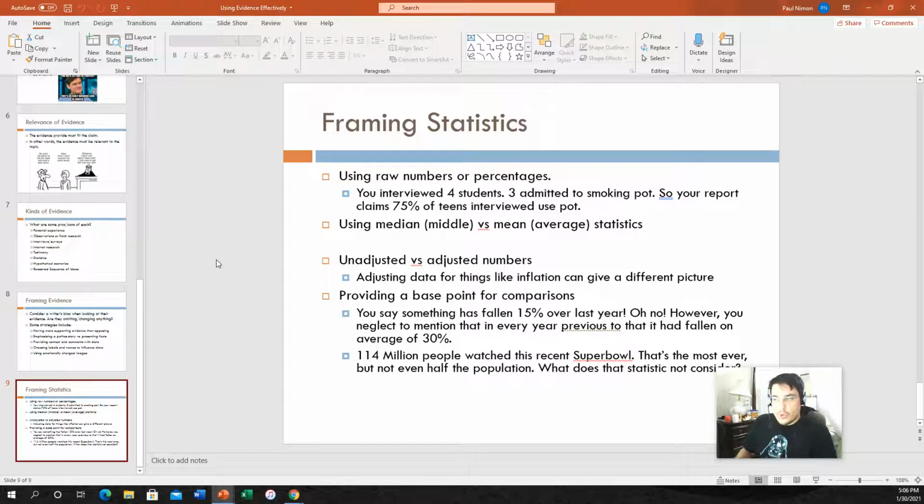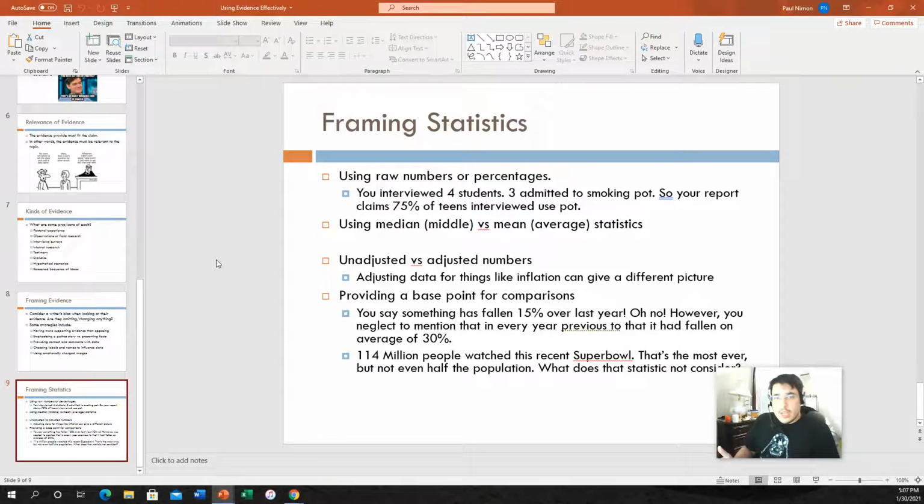So you always have to be careful when looking at logos and don't just take numbers at face value. Remember, in my example about the students, if I interviewed 4 kids and I asked them if they'd ever done anything illegal, and 3 out of the 4 kids said yes, and one said no, and I put in my headline, 75% of students admit to doing something illegal before graduation.